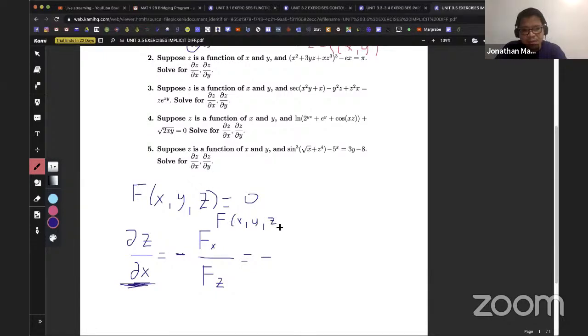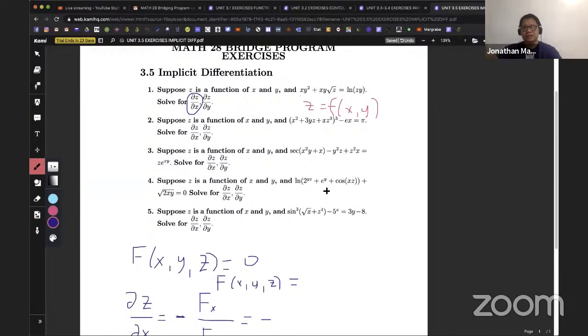Getting capital F is easy. From the equation, just make the right hand side 0 and move all the expressions to the left. So that will just be xy squared plus xy square root of z minus ln of zy. So that is our capital F.